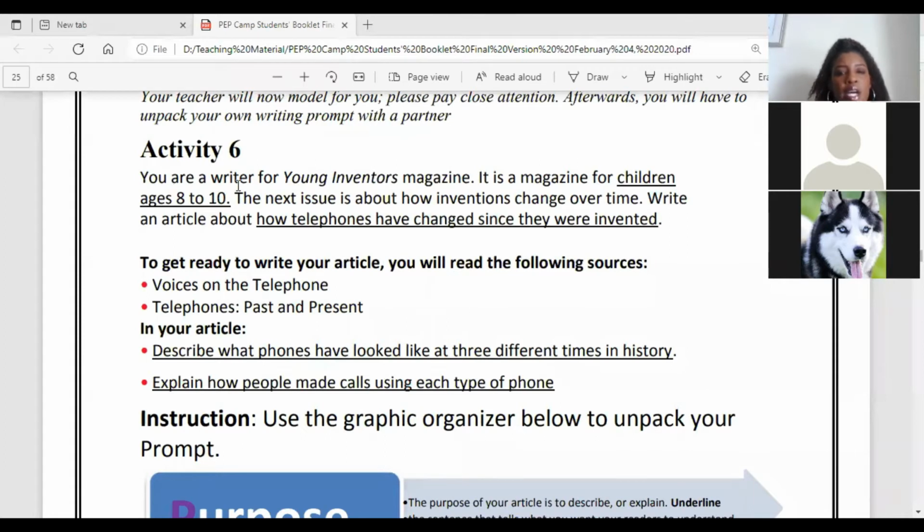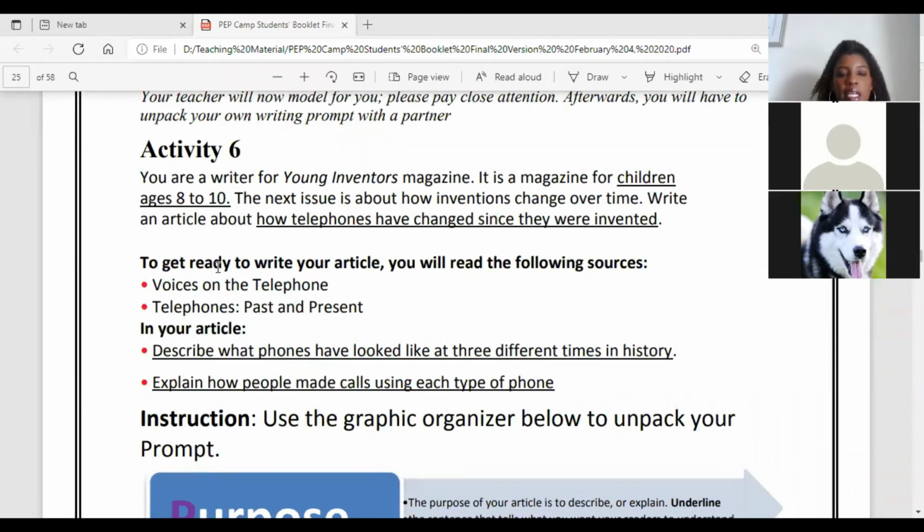So it says you're a writer for Young Inventors magazine. It is a magazine for children ages 8 to 10. The next issue is about how inventions change over time. Write an article about how telephones have changed since they were invented.